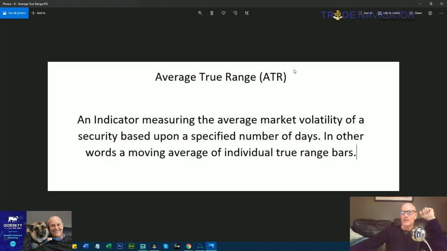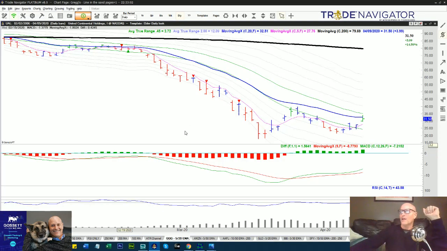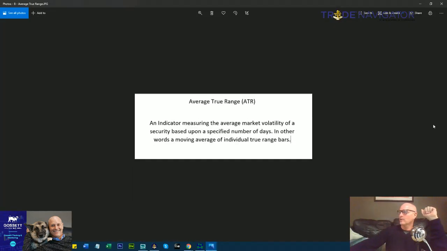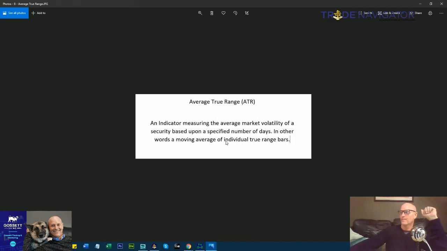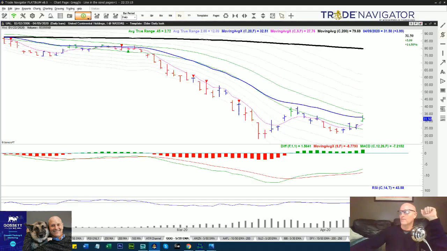So average true range, ATR, is an indicator measuring the average market volatility of a security, whether that's stocks or bonds or commodities, anything, based upon a specified number of days. In other words, a moving average of individual true range bars. So I base my ATRs on 20 days.